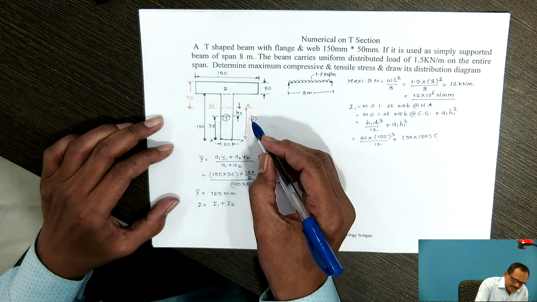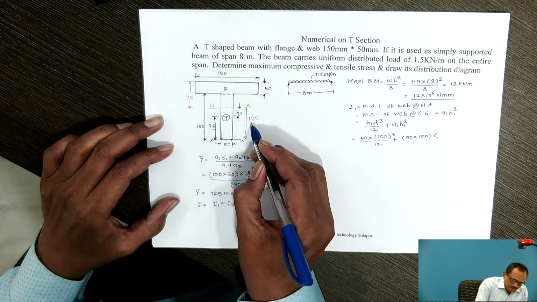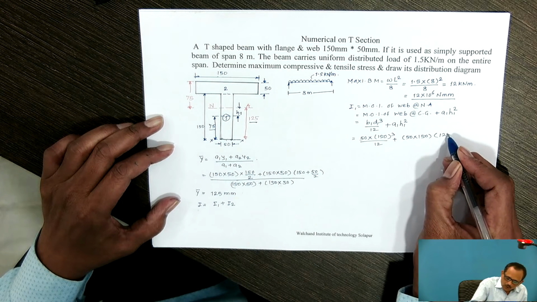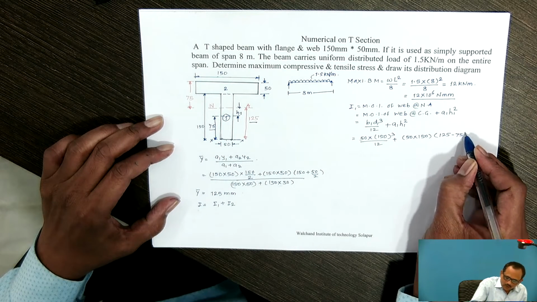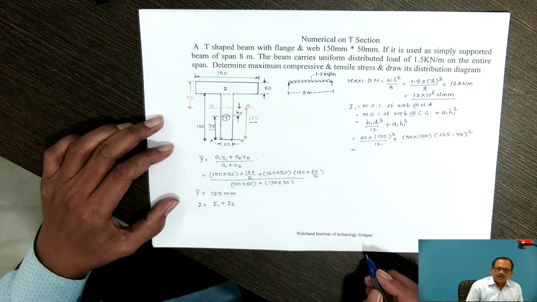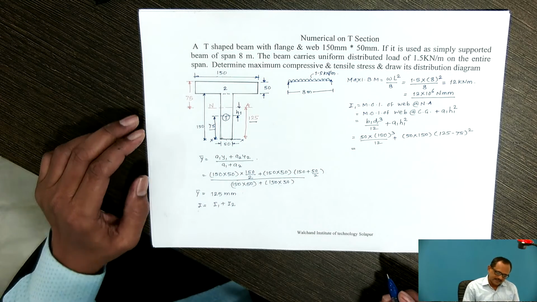H1 is calculated by deducting this 75 from 125. So 125 minus 75 bracket square. So this will be the moment of inertia of the web about the neutral axis.